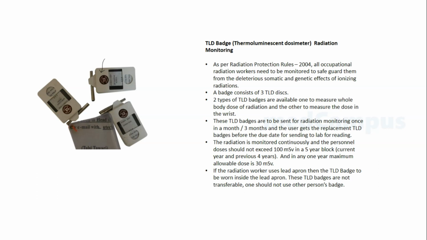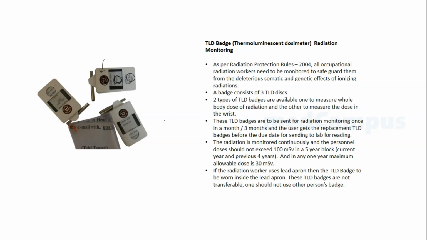As per the Radiation Protection Rules 2014, all occupational radiation workers need to be monitored, so that you calculate the absorbed dose regularly, because they are constantly exposed to ionizing radiations, right? Inside this badge you will have 3 radiation TLD discs.